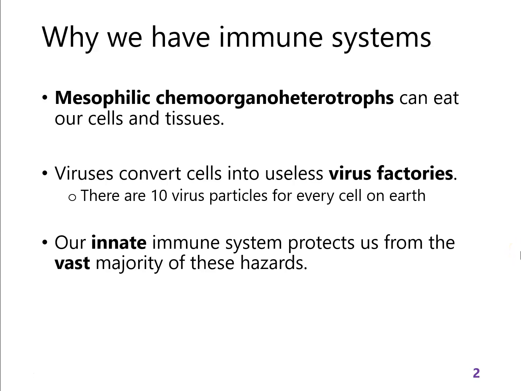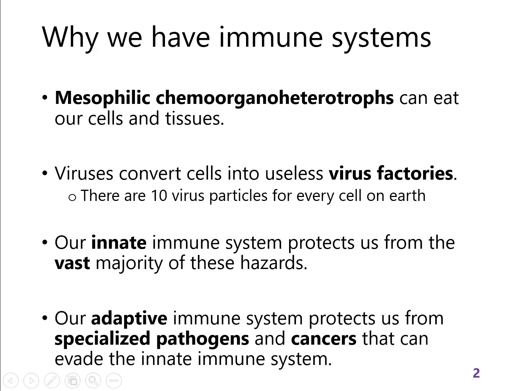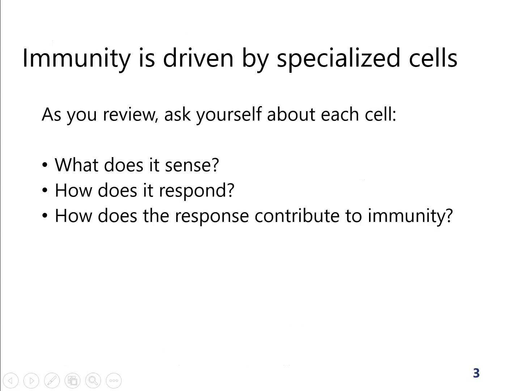So that's enough almost for everything. But there are some organisms that have evolved the ability to evade the innate immune system. And so for those, we need the adaptive immune system. The adaptive immune system can do things like find and destroy specialized pathogens, find and destroy cancers. It can do a lot of really complicated things.